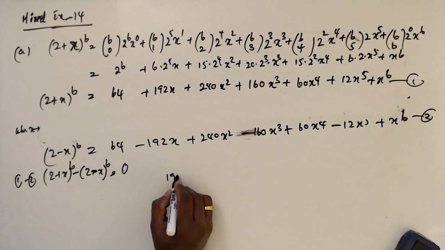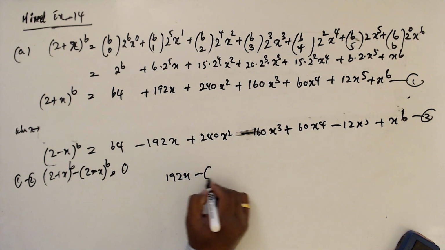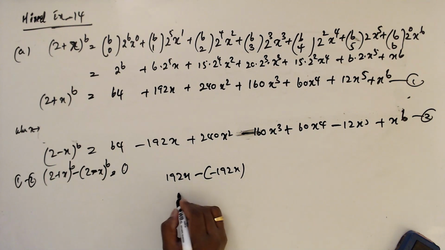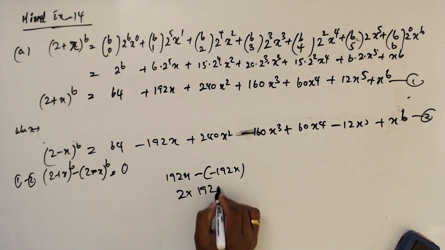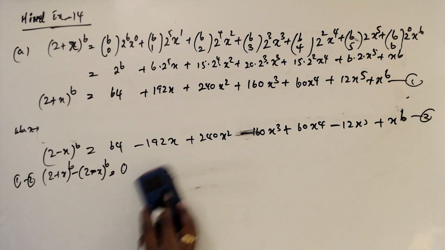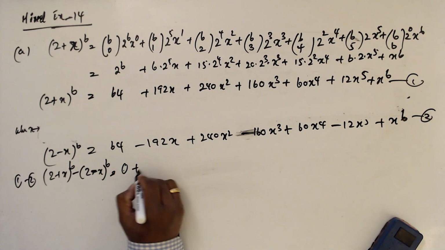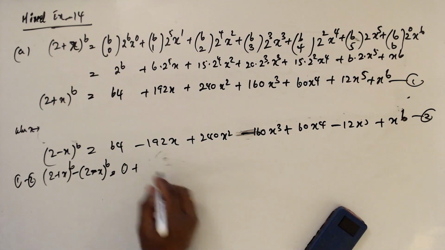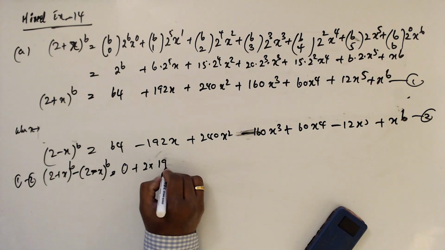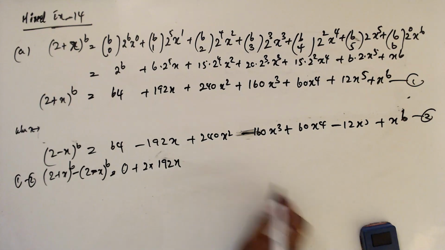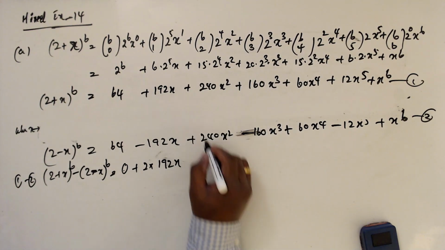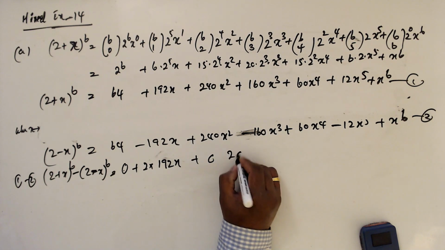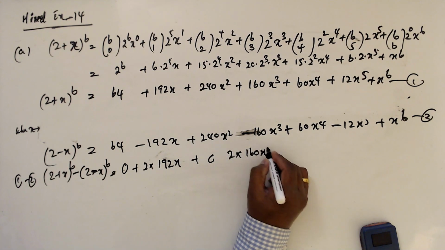Now 192x minus minus 192x means it's going to be double: 2 times 192x. The x squared terms cancel out. And this is 2 times 160x cubed.